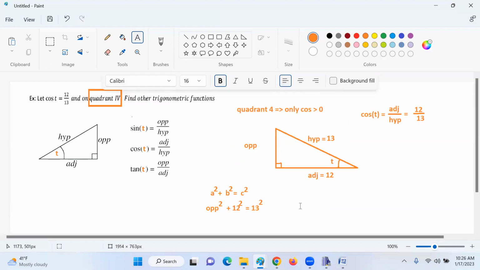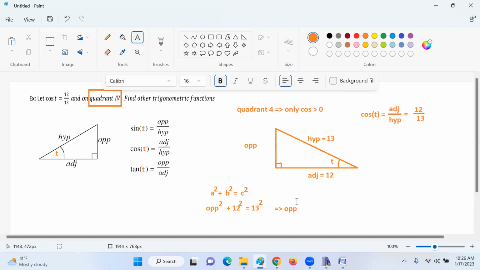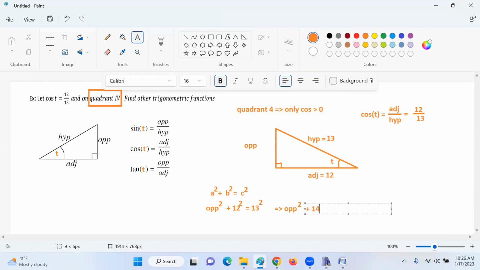Now we can solve for the opposite. 12 squared is 144 and 13 squared is 169, correct?